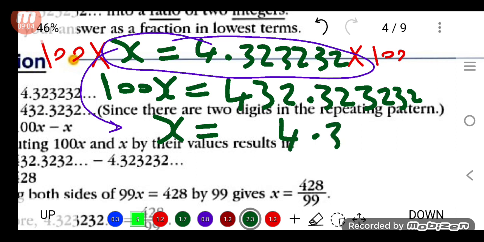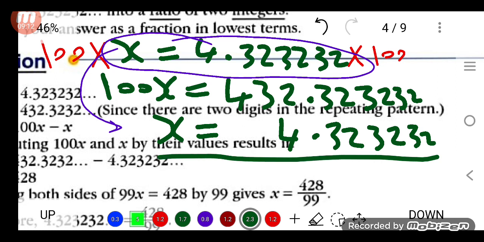Then you have 32, 32, 32. Then you do subtraction. Now if you subtract 100x minus 1x, you get 99x.